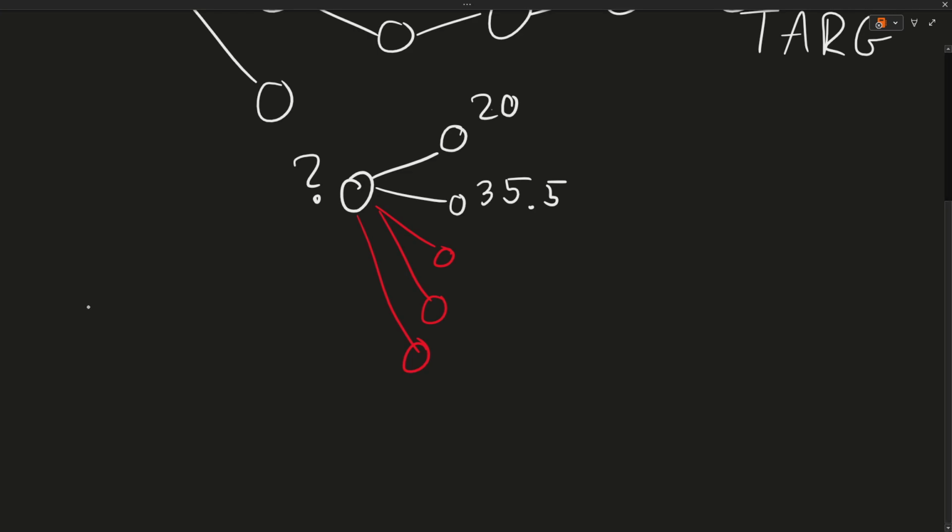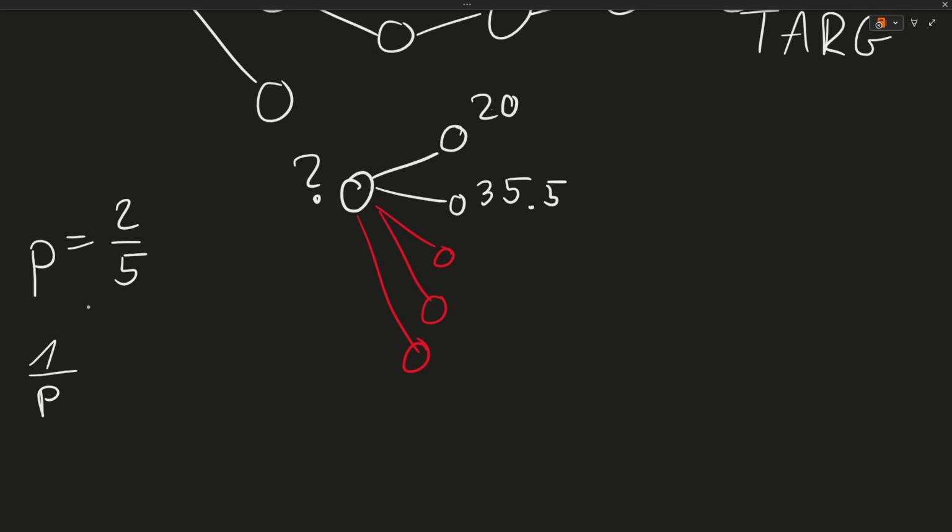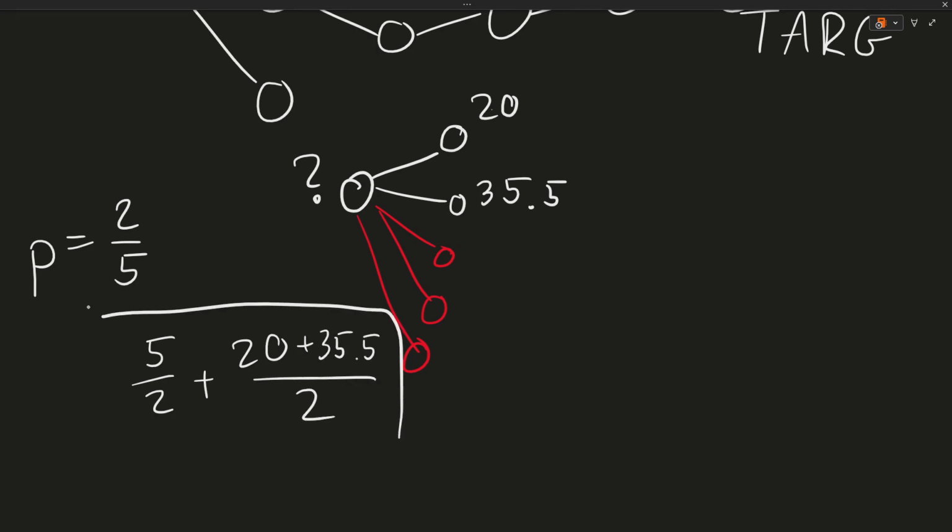You have probability of success 2/5 to be presented an edge that goes to something that you accept. This means that on average 1/p is 5/2. This is on average how much you wait while you keep getting red edges, those that you are not happy with. And after that many on average, you will get one of those two with the same probability. So this is a way to compute a value that needs to be put here as the question mark.